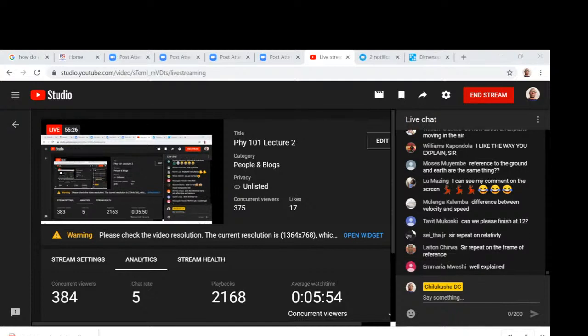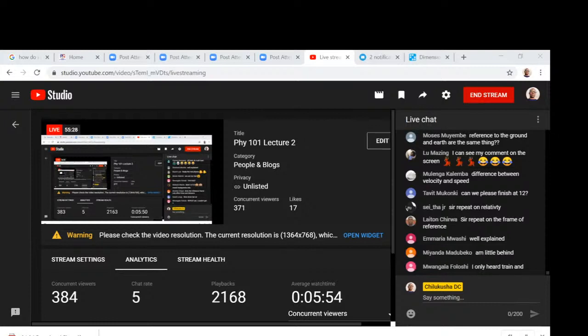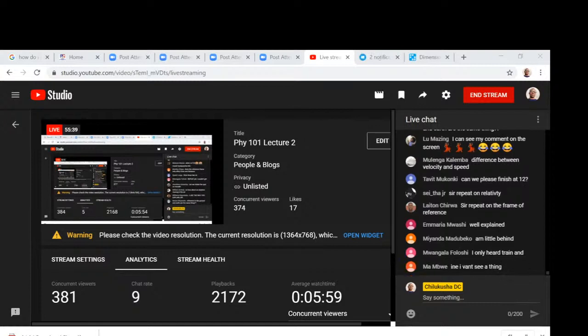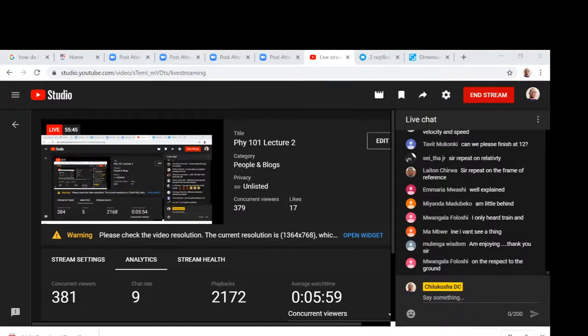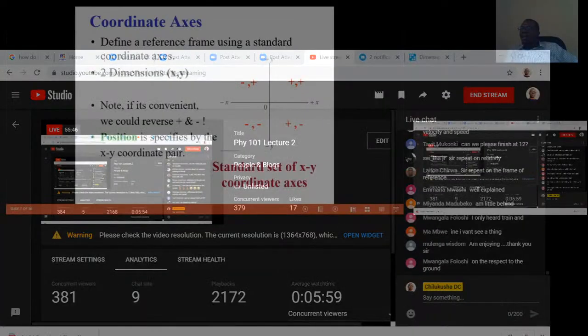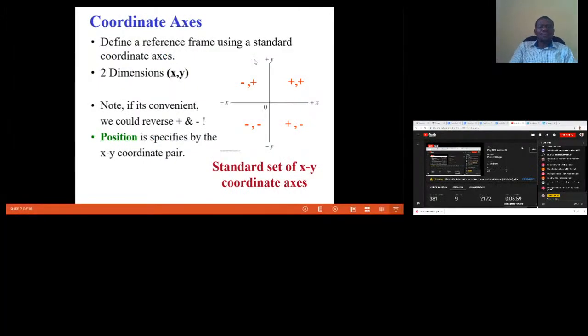So you can say that you are making the measurements from the train frame of reference. If you are making the measurements from the ground, you could make different observations of the speed and so forth. So we say that you are making them from the ground frame of reference. With that explained, let me now go back to my slides and continue.